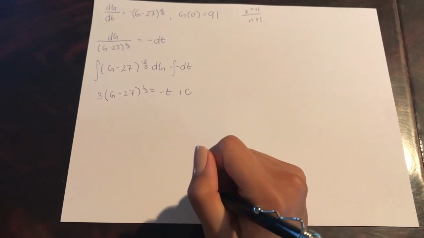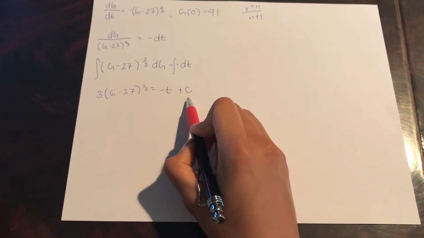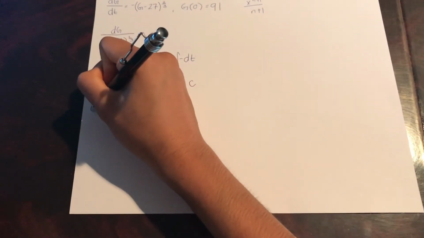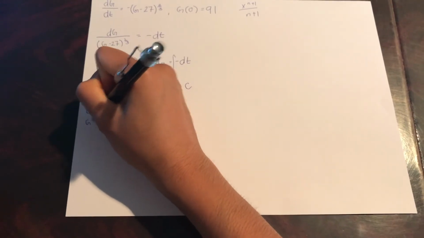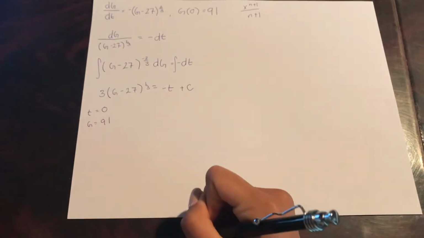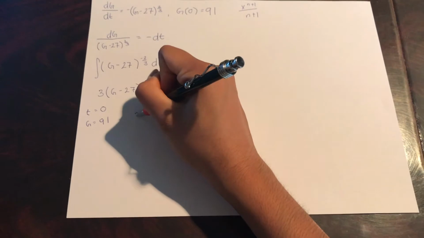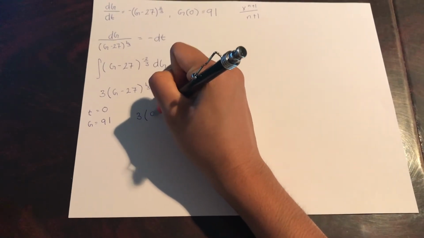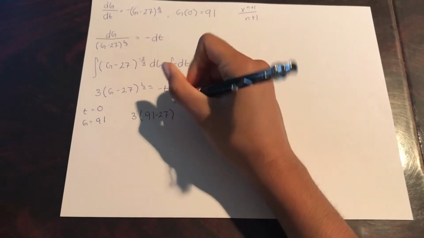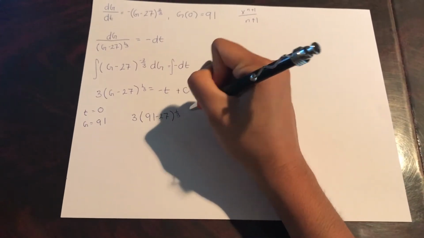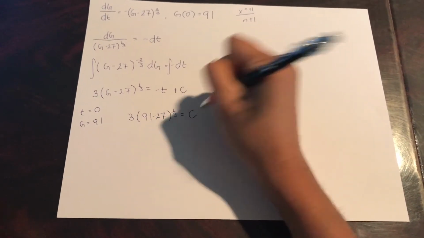So now the next step is to solve for c, and we are going to do this by using the initial condition of t equal to 0 and g equal to 91. So 3 times the quantity of 91 minus 27 to the 1/3 power is equal to c.